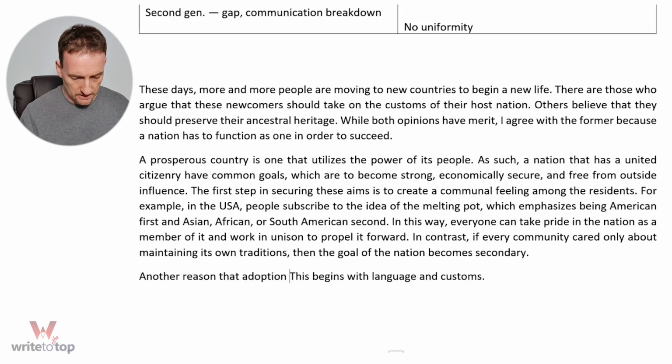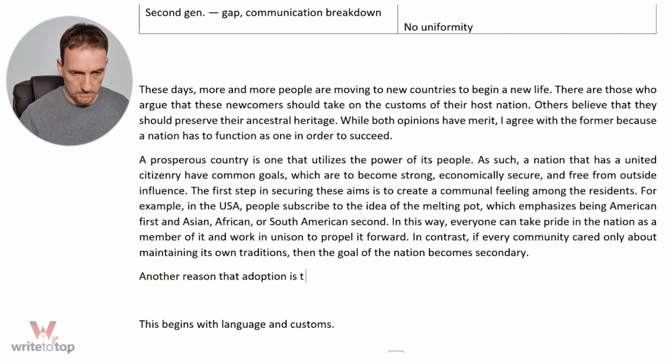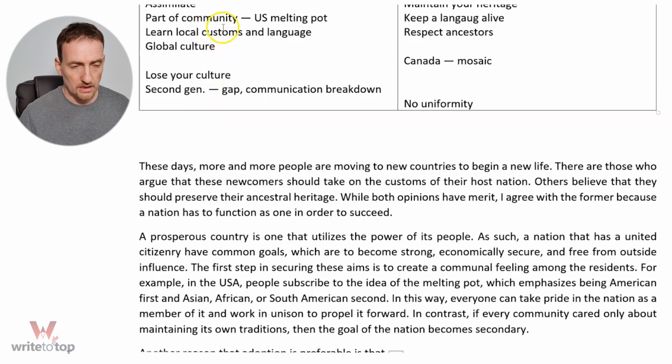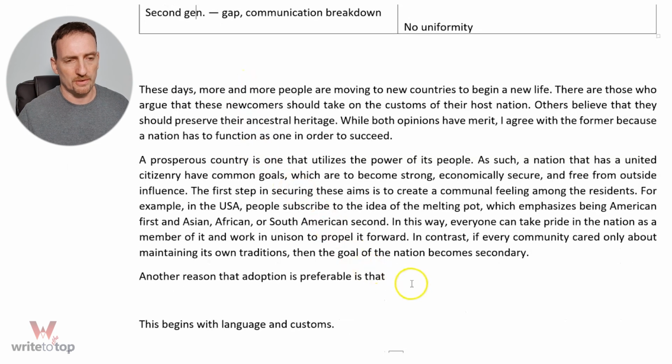Another reason that adoption is preferable. What did I write here in my notes? I talked about local customs and language. I'm going to talk about second generation.